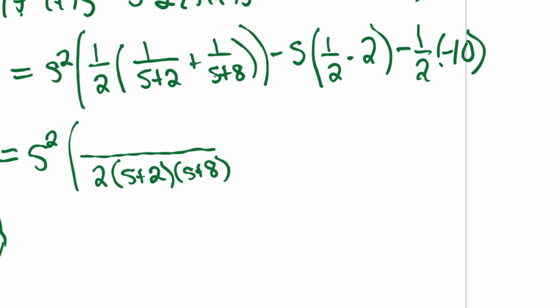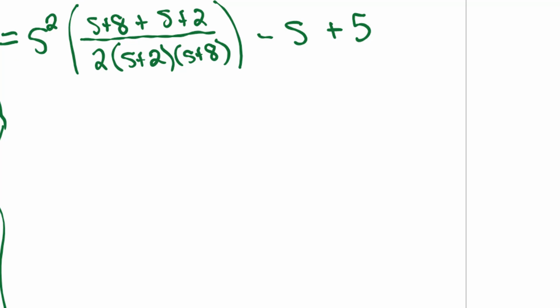Okay, so what's the numerator going to be? So this one needs to be multiplied by s plus 8, and the second numerator needs to be multiplied by s plus 2. And then 1/2 times 2 is just 1, so I'd have minus s, and then minus 1/2 times -10, so that's going to be plus 5.